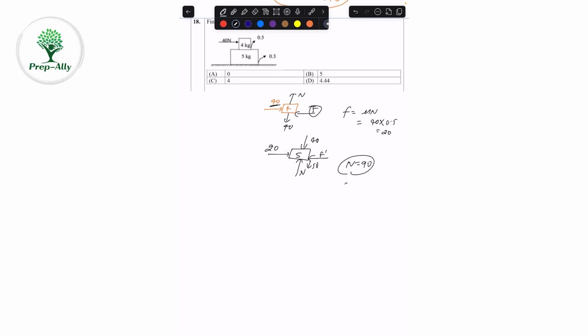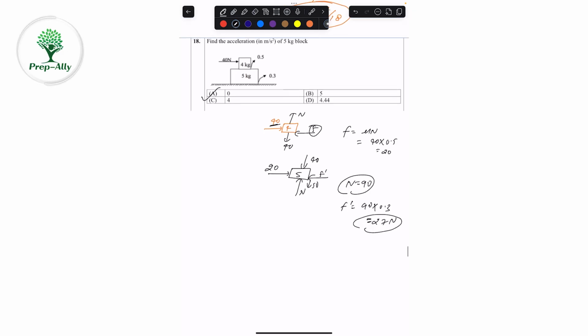F max will be equal to 90 into 0.3, which is 27 Newton. So this force on the 5 kg block can go up to 27 Newton, and the force applied by the 4 kg block as friction on it is equal to 20. That means this force will be able to block it completely, so the 5 kg block will not be moving at all. So the acceleration of the 5 kg block will be 0 meter per second square. So the answer is 0, and this is how you can solve these types of questions.